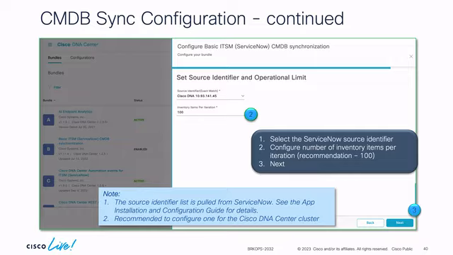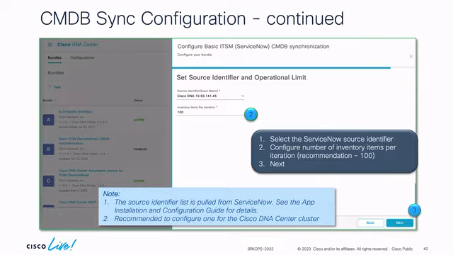For typical environments, if I send 100 devices in one API call to update the CMDB table, then the next 100 with another REST API call, that works for most customers. You can increase this number, but the recommendation is to stay with 100. If you need to, maybe lower, but typically it works.